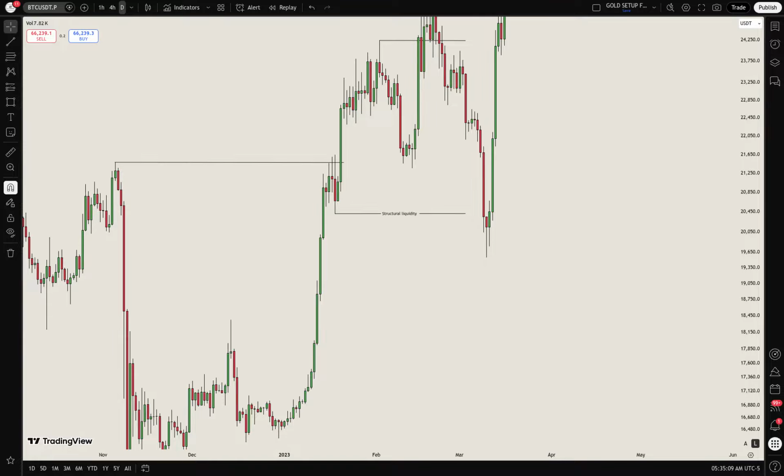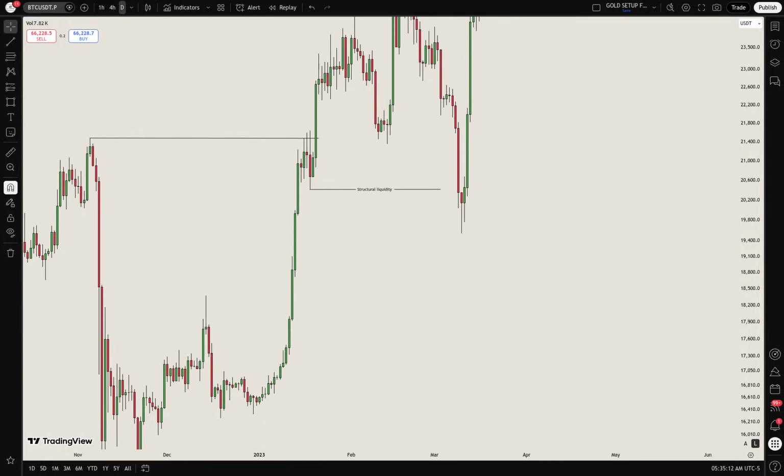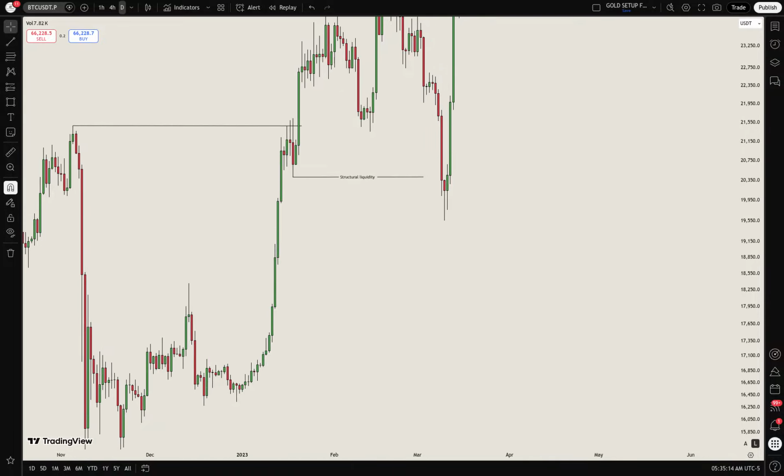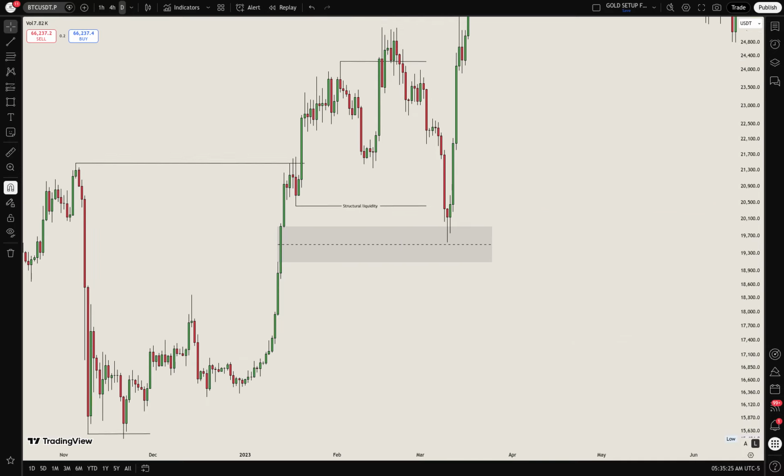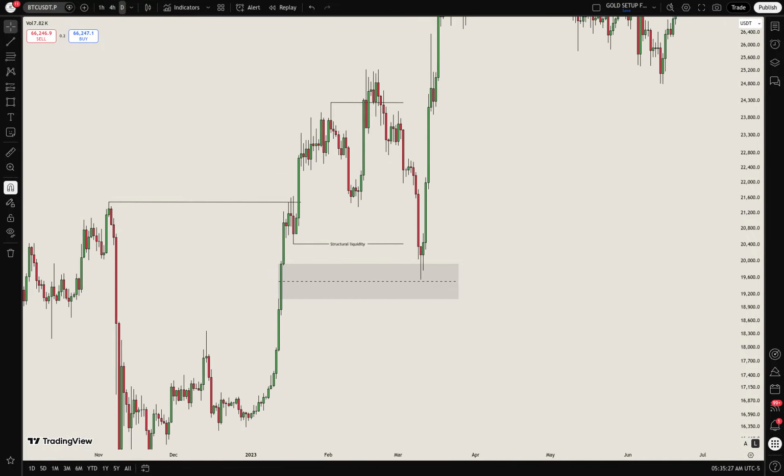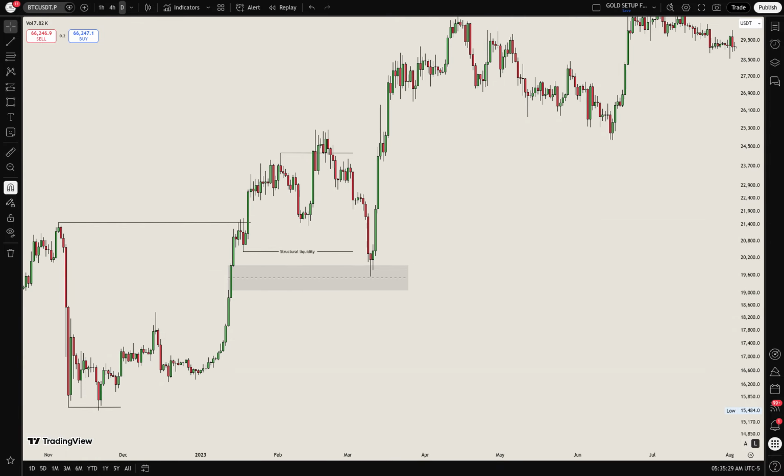Now dropping down, what we want to do now is identify the closest POI to our liquidity. And here the closest POI to our liquidity is actually this fair value gap here. And then we target the most recent high that was created, which is this one here.